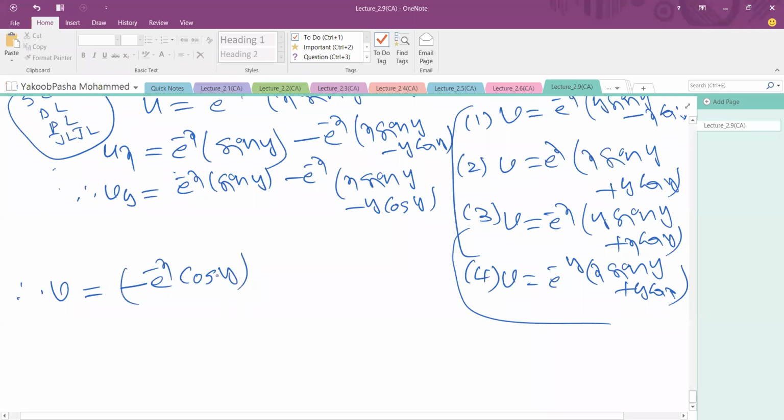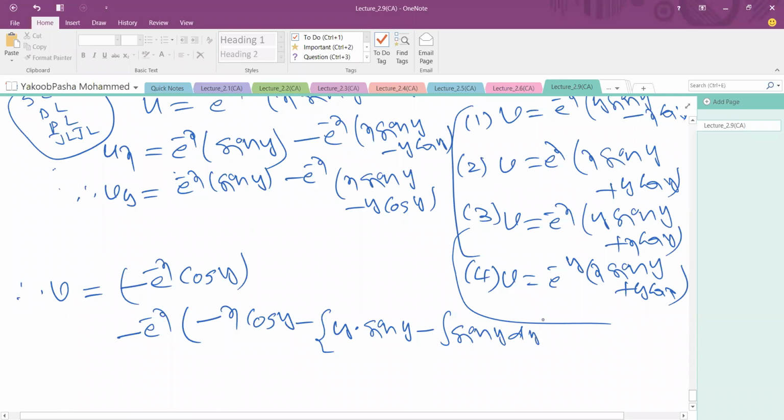First value: I'm writing here, e power minus x is constant, x into sin y integration is minus x cos y, minus, the uv method must be used. y into cos y: integral is sin y, minus the integral of sin y dy, bracket close, again bracket close.